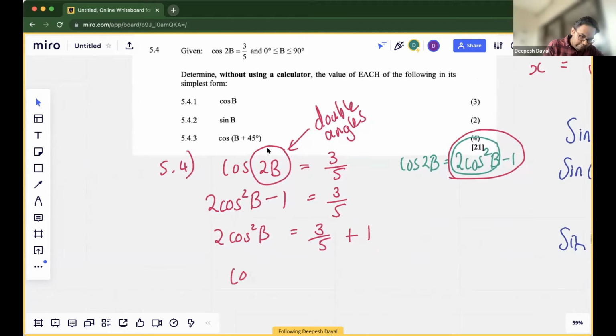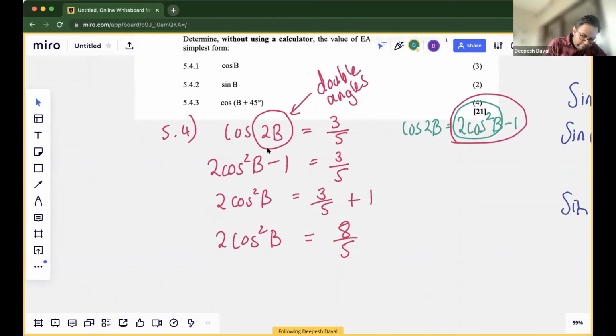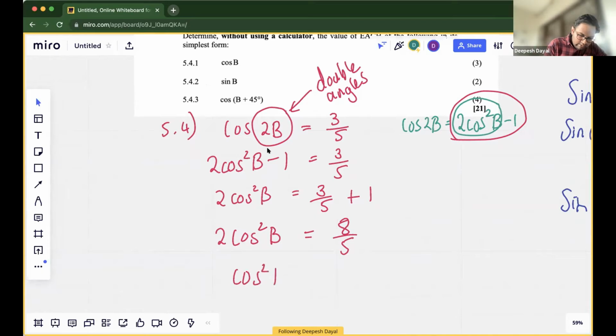2 cos squared b equals 3 over 5 plus 1, which is 8 over 5. And we're going to then find cos squared b on its own, which is going to be 8 over 5 divided by 2, because we're taking this 2 over.